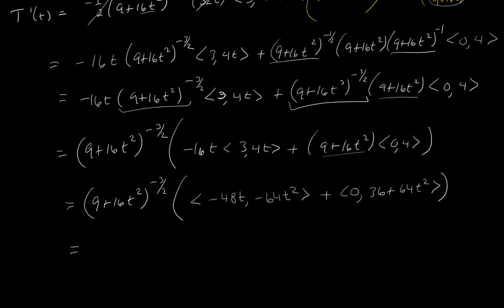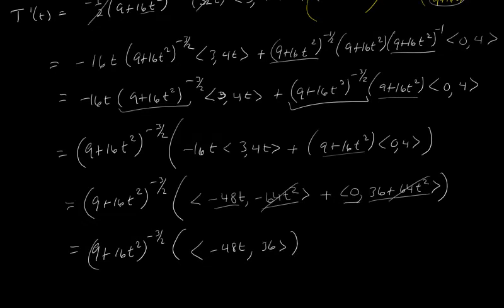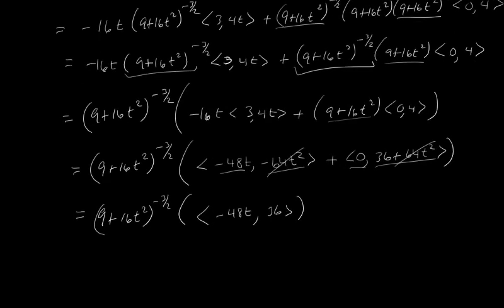Add those two vectors together, adding corresponding components: the first component is −48t, and in the second component the −64t² and 64t² cancel, leaving us with just 36. So that is T′(t).